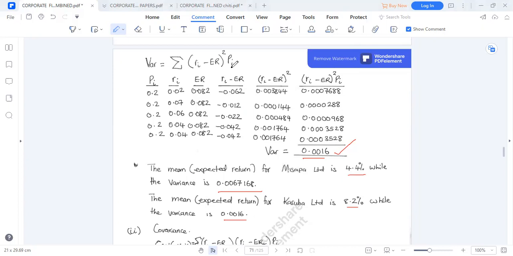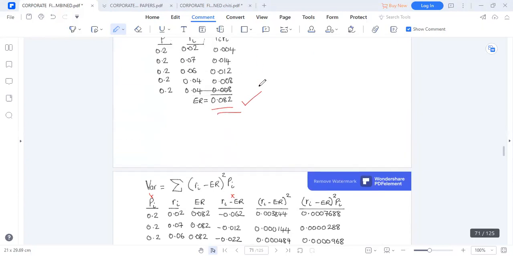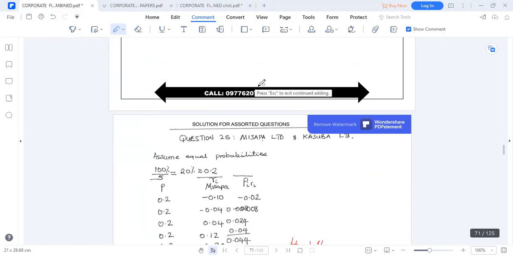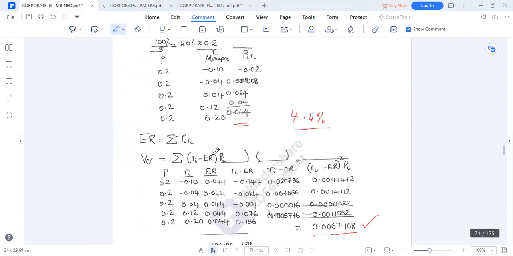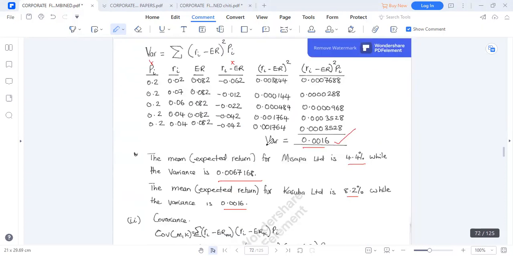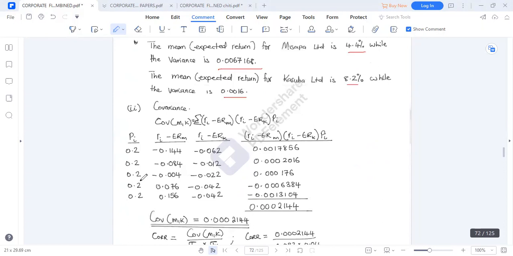So now the covariance. We're just interested in getting the probability and this column for asset Kasuba, then this column for asset Misapa, and multiplying them together. This is how we calculate the covariance. Covariance basically looks at the direction that your assets are taking.